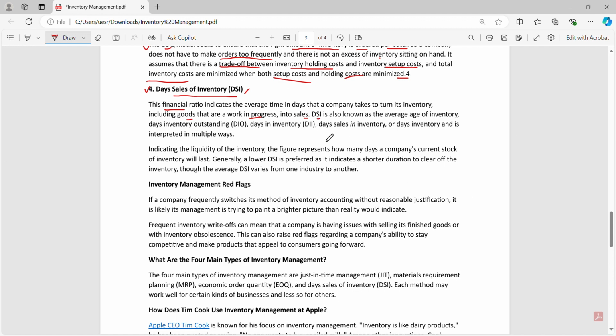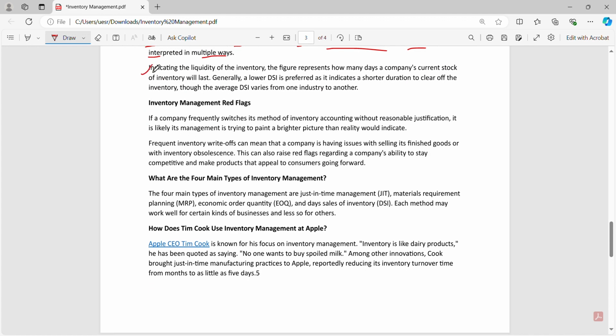DSI is also known as average age of inventory, days inventory outstanding, DIO, or days in inventory, and is interpreted in multiple ways, indicating the liquidity of the inventory. The figure represents how many days a company's current stock of inventory will last. Generally, a lower DSI is preferred as it indicates a shorter duration to clear off the inventory, though the average DSI varies from one industry to another.